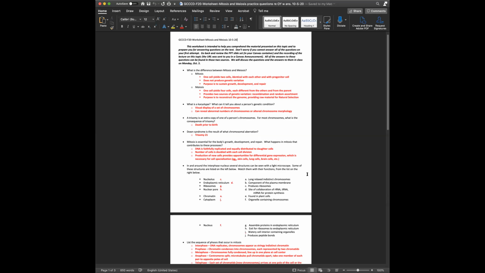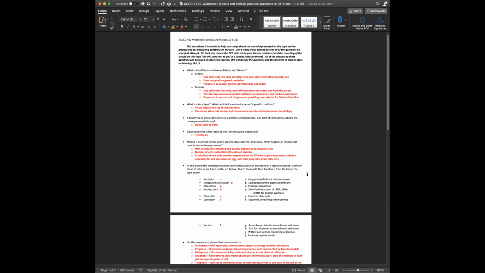So, nucleolus. We talked a lot about the nucleolus in the previous lecture. Does anybody remember what the nucleolus does? It's indicated there. It's item C. It makes ribosomes. So remember that. We have nucleolus and we have nucleus. They're very different from each other.